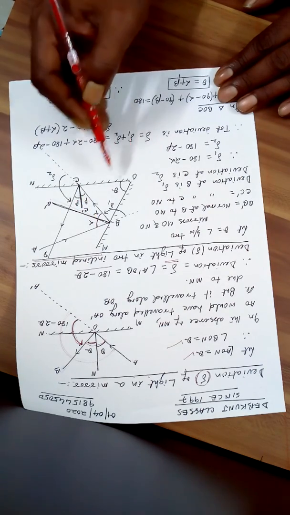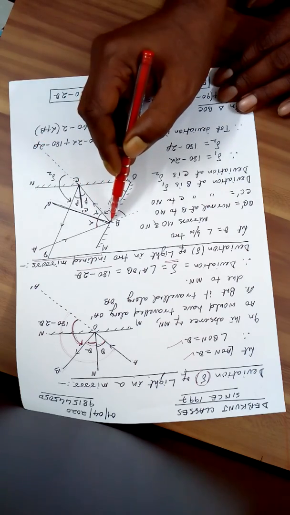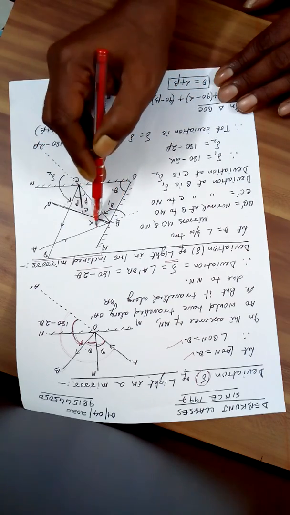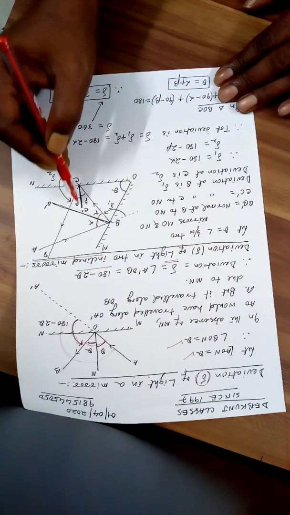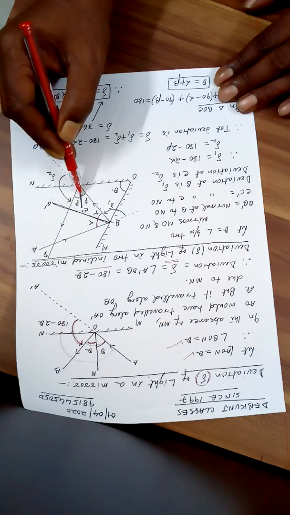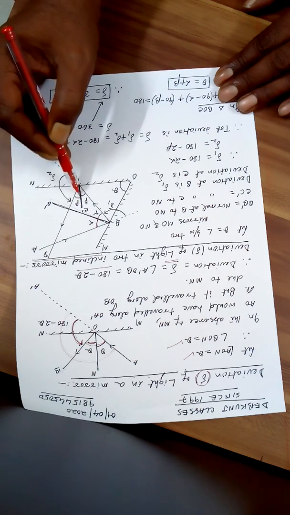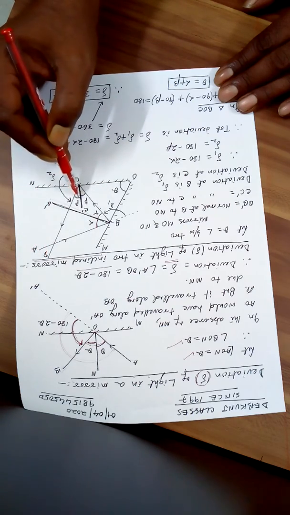According to the first law, on the other side of the normal, the reflected ray goes like this, so this is equal to this. Again at point C, C dash is the normal. Let this angle be beta. On the other side of the normal, the reflected ray also makes the same angle.